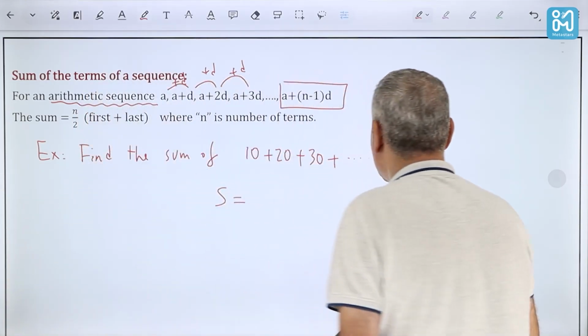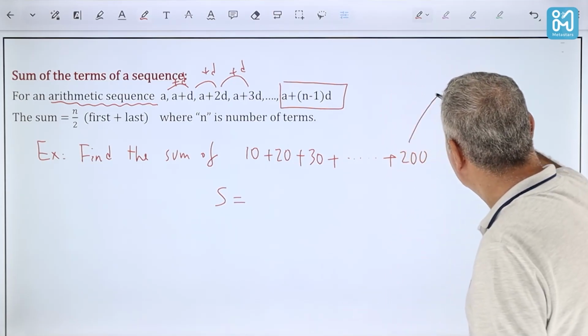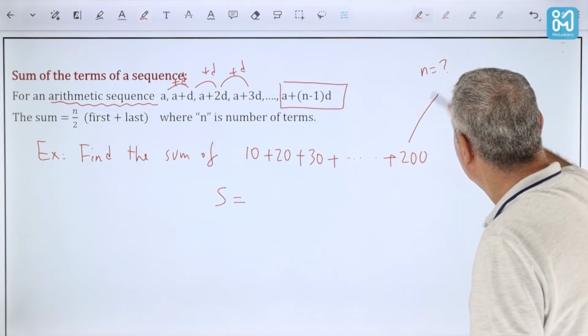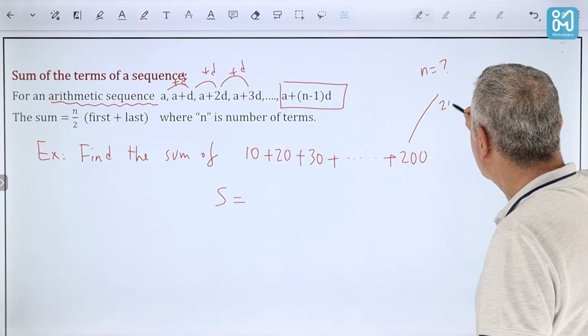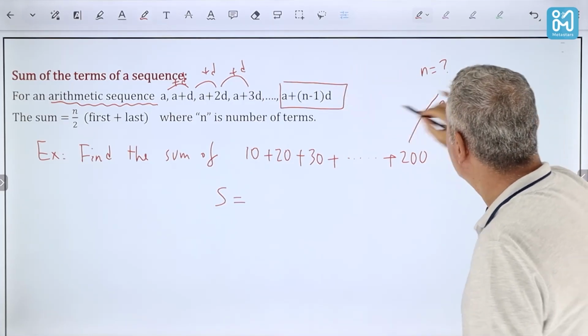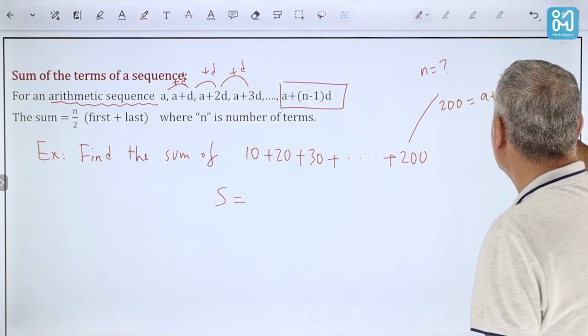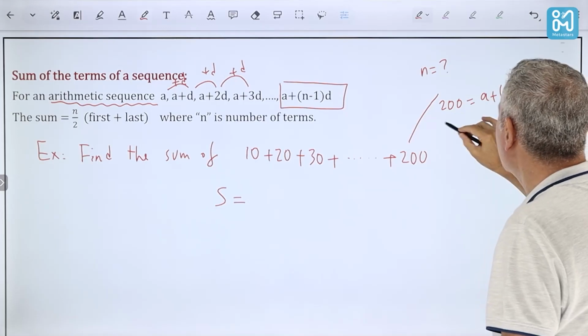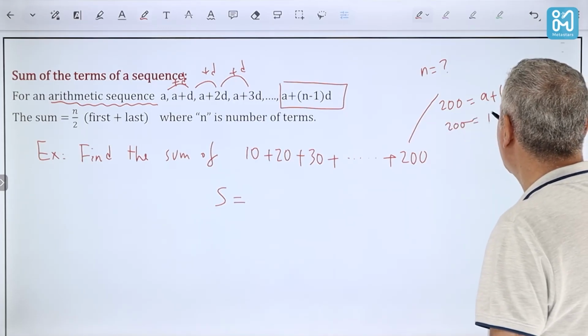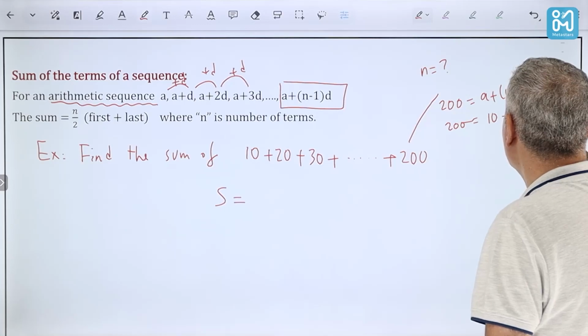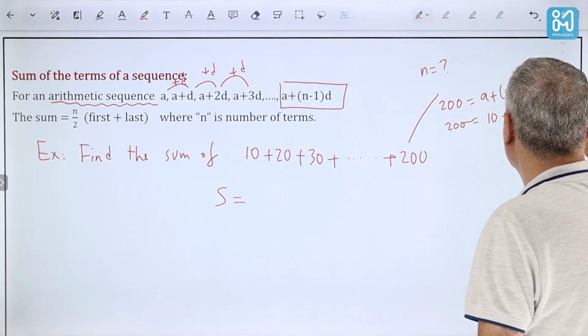Most of the times they don't want you to do more than this, but N equals how much? You could do it like this. 200 equals A plus N minus 1 times D. So 200 equals A, which is 10, plus N minus 1 times the difference, which is 10.